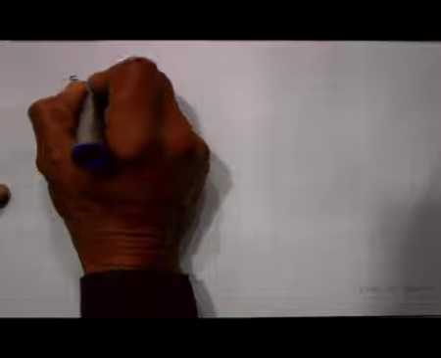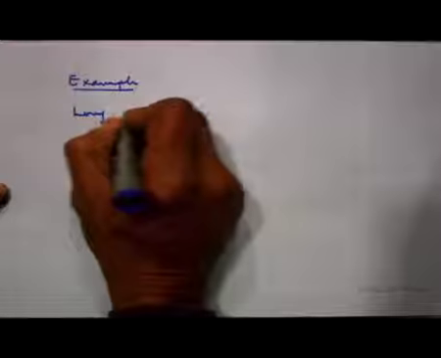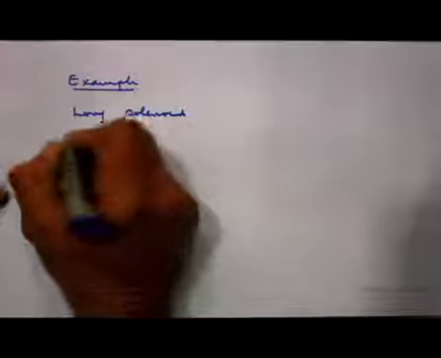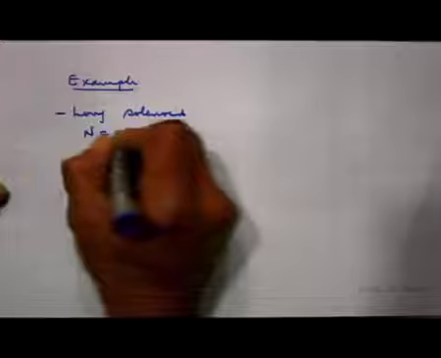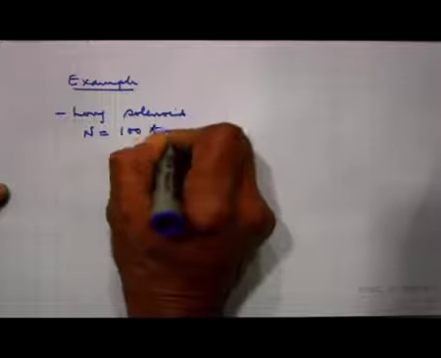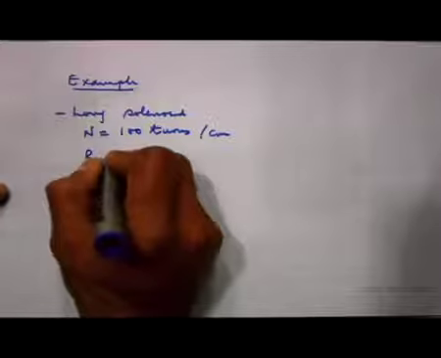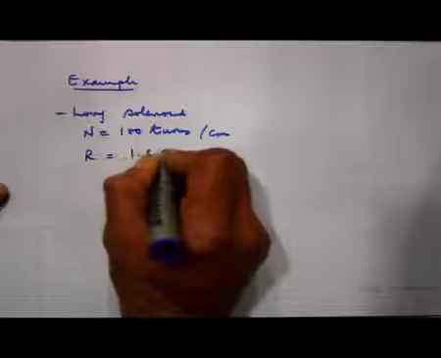So, let me look at an example. Take a long solenoid having 100 turns per 10 centimeter, with a radius of 1.6 centimeter.